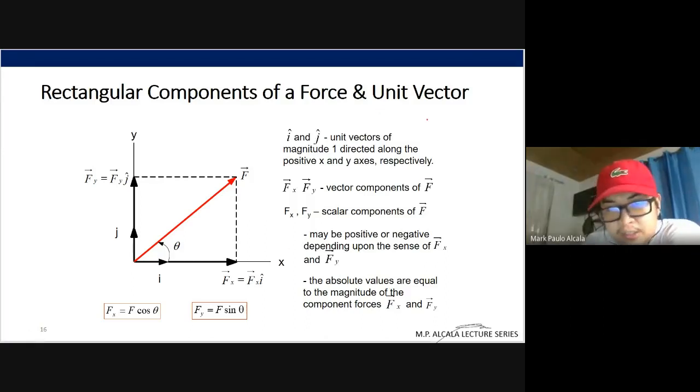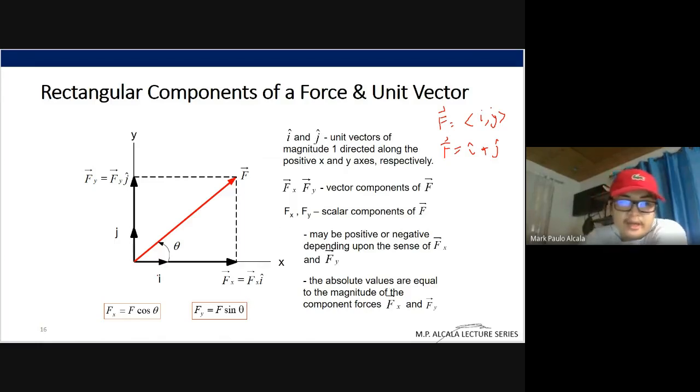Like in this case, F can be characterized with this term, I comma J, so open bracket, close bracket, like that. But it's the same also as your I hat plus J hat, right? F is equal to I plus J. So we can resolve it in that way also.